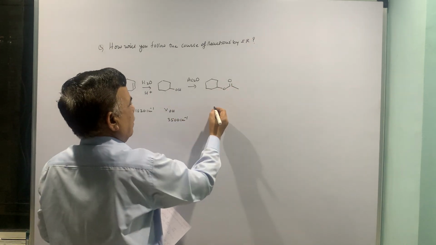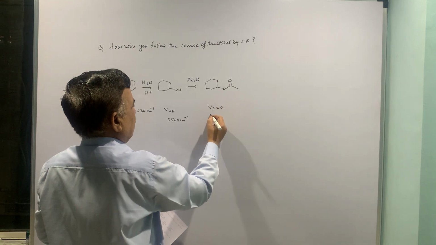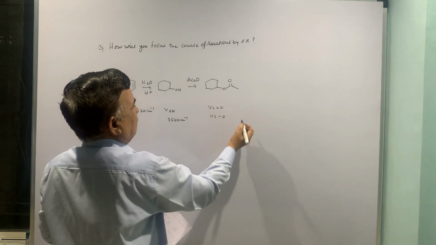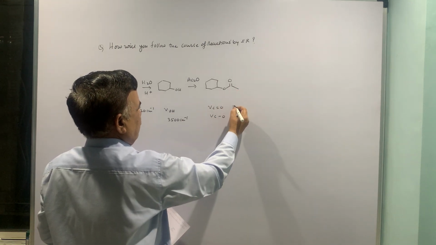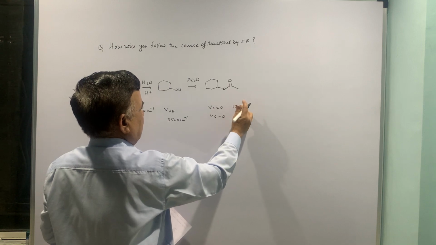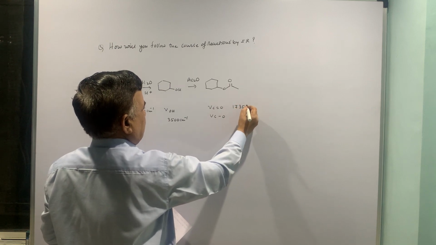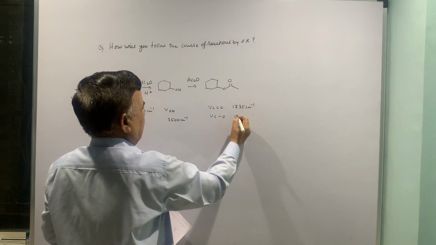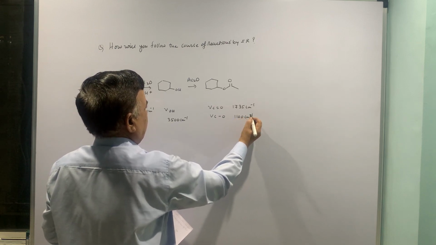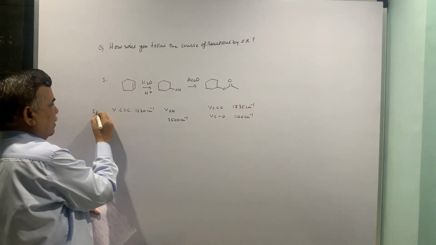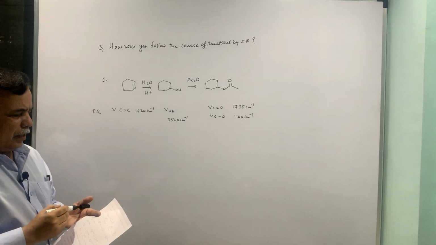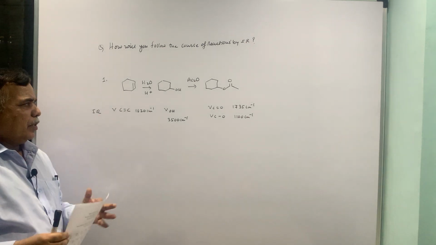And now there will be 2 peaks, one is for carbonyl, so ester carbonyl saturated is 1735 and this is 1100. So these are the IR spectra of the reactants and products.